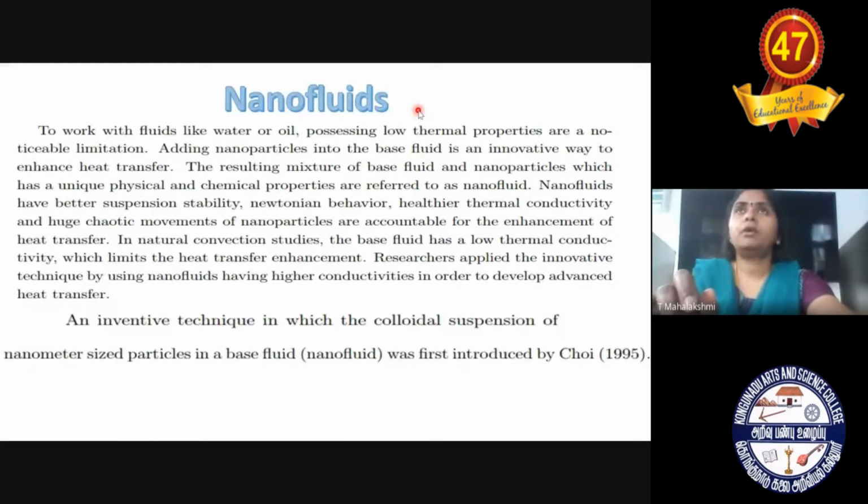There are many nanofluids used in the heat transfer analysis, like silver water nanofluid, titanium dioxide nanofluid, silicon dioxide nanofluid, copper nanofluid, copper oxide nanofluid.